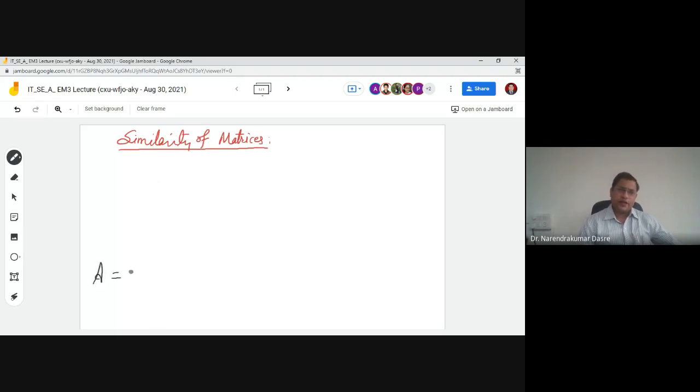We can say A is equal to B if the dimension of A and the dimension of B are the same and every corresponding element is the same. But similarity is something different from equality, and that's why we need to understand what similarity is.